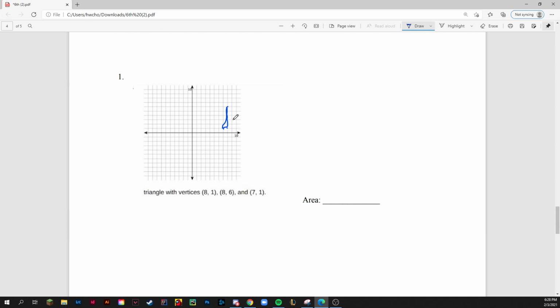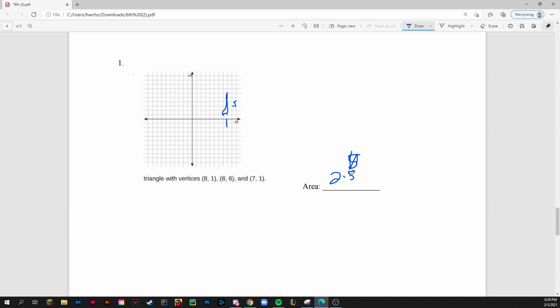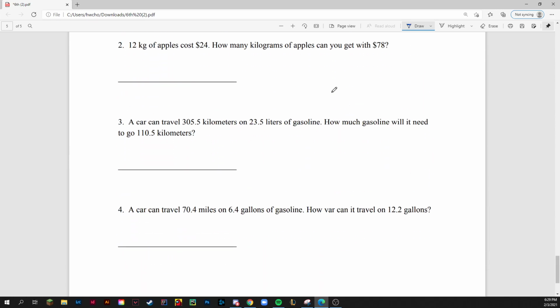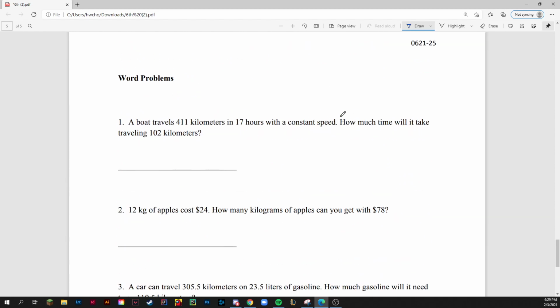And the height is going to be 6 minus 1, 5. 8 minus 1 is going to be 1. So it's going to be 5 times 1 over 2. 5 divided by 2 is going to be 2.5. And that's your area.